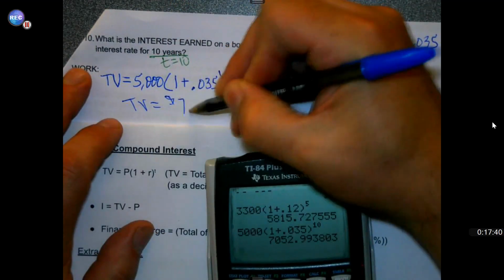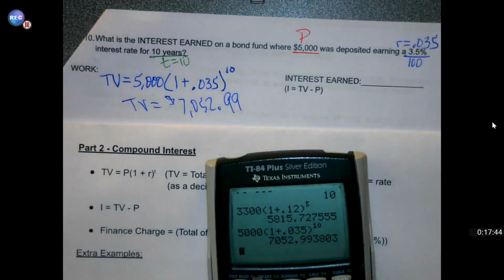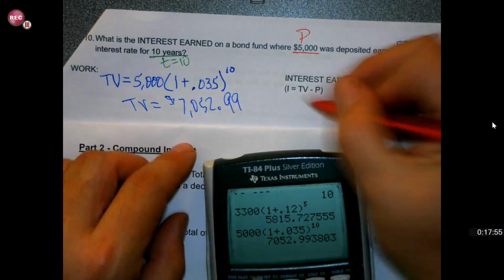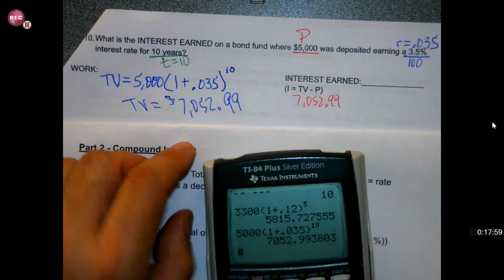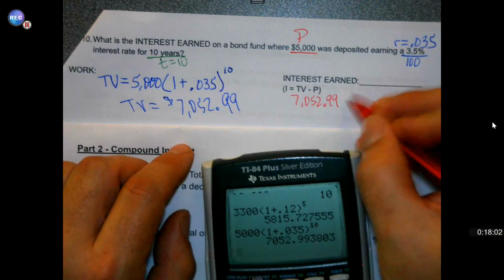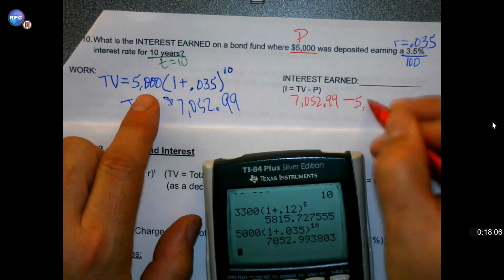So, you're like, okay, my total value is $7,052.99. But that's not the answer. The answer is going to be taking my total value, the $7,052.99, and subtracting the principal.